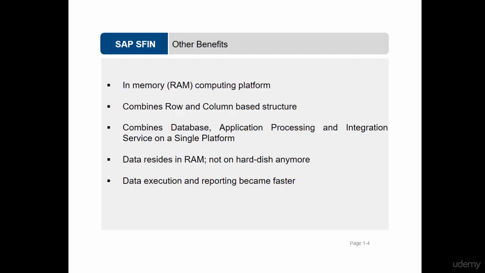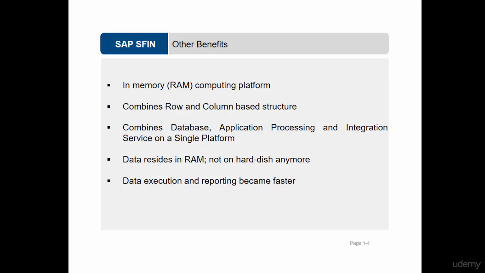SAP has put real-time business within reach with SAP S/4HANA. This next-generation platform unifies the lightning-fast analytics of SAP HANA with transactions, enabling enterprises to gather and process data while simultaneously applying it to consecutive business processes, all in real time.